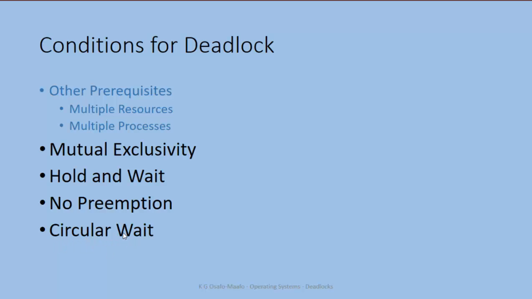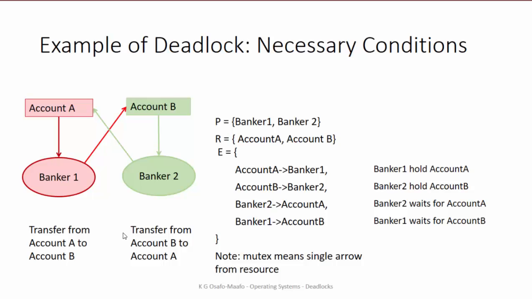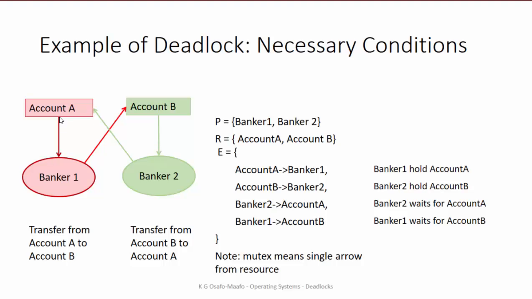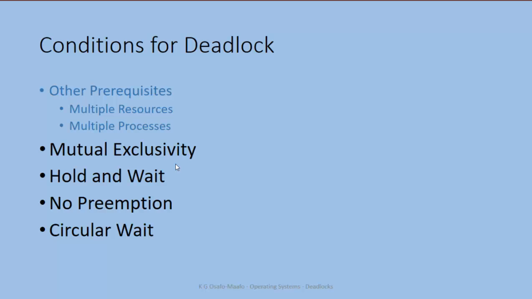So let's take a look at this. Let's look at the conditions. Mutual exclusivity: you can see from here that every account can be held by at most one person. Account A is held by banker 1, and that's it. You can't have account A being held by 2 bankers at the same time. We also talked about hold and wait.